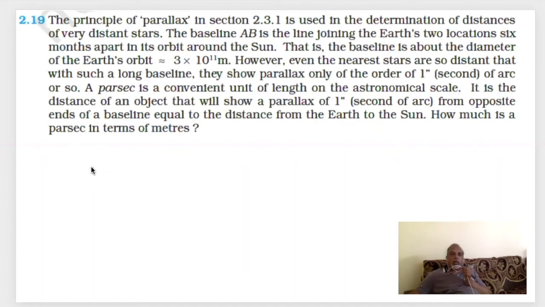So basically, it is the Earth's orbit. Here, Earth is there. These two locations are 6 months apart, and this is your Sun.